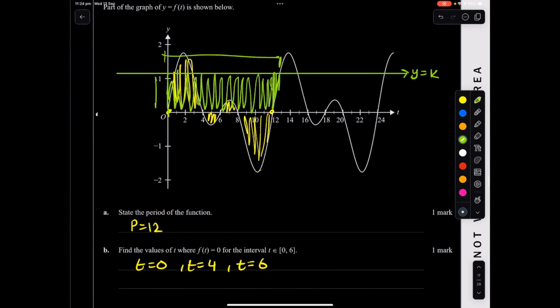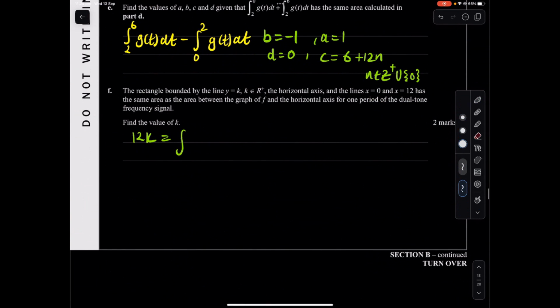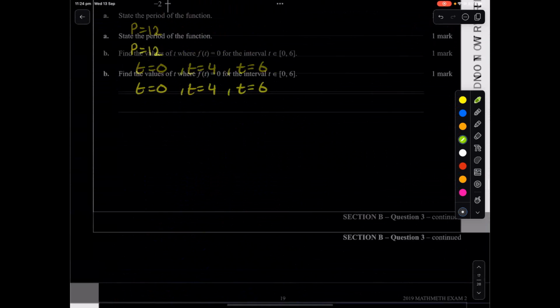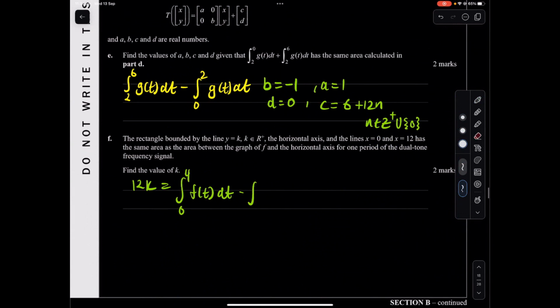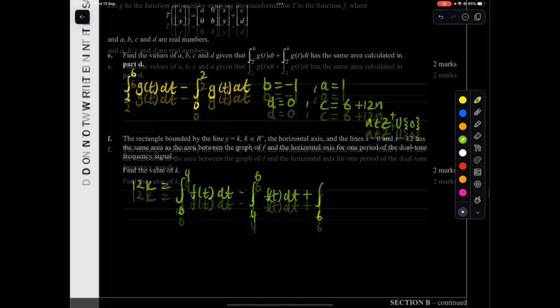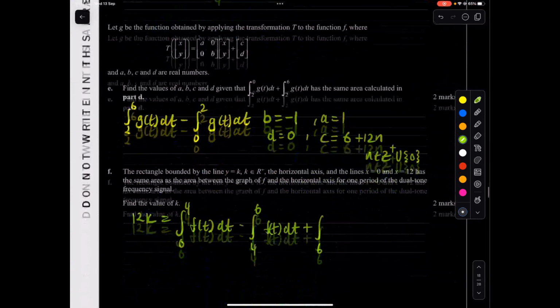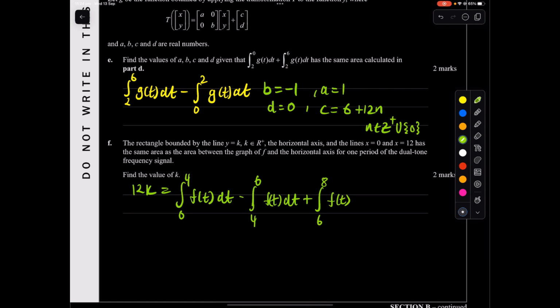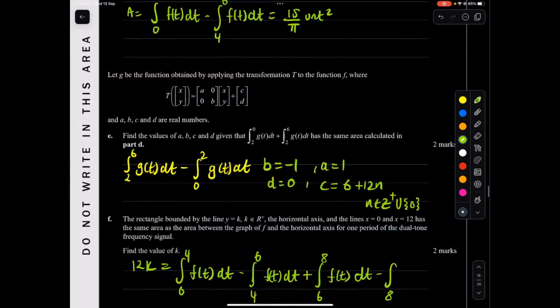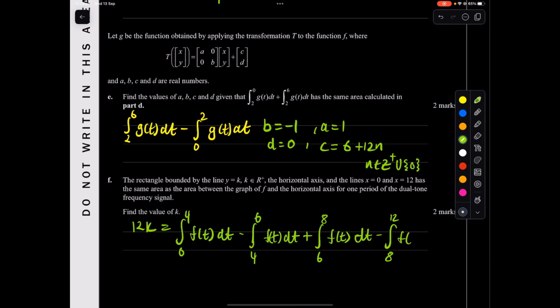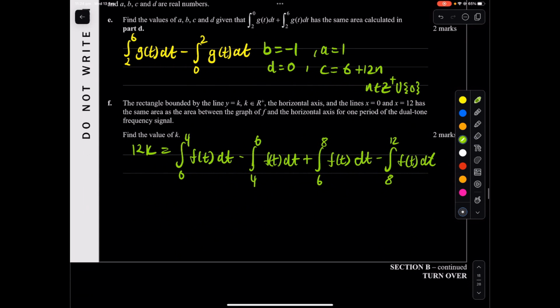So 12k equals the area of the actual graph: the integral from 0 to 4 of f(t) dt, minus the integral from 4 to 6 of f(t) dt, plus the integral from 6 to 8, minus the integral from 8 to 12 of f(t) dt.